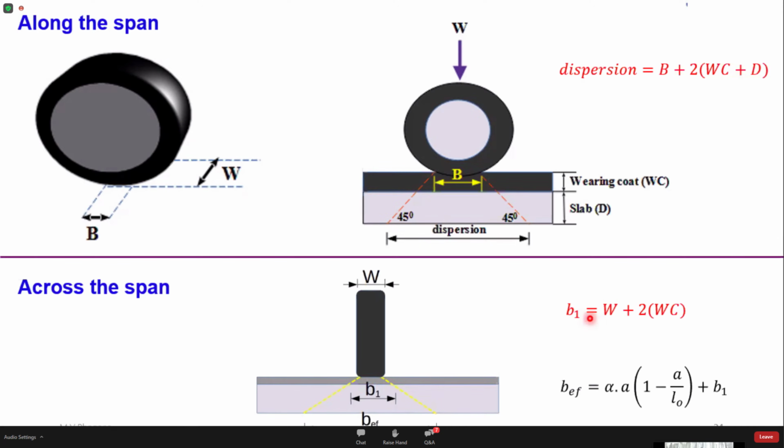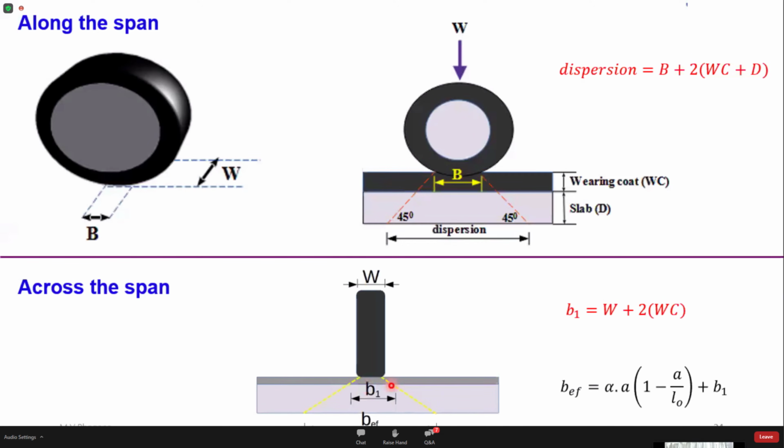That B1 is calculated as W, the width of the wheel, plus 2 times the thickness of the wearing coat. B effective is the dispersion of the load that takes place along the width of the slab, and that is given by this expression.